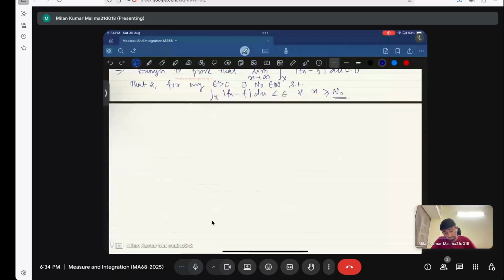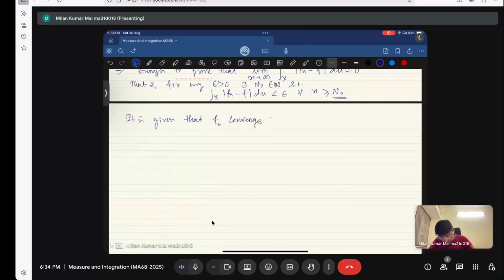So let's try then. It is given that f_n converges to f uniformly.